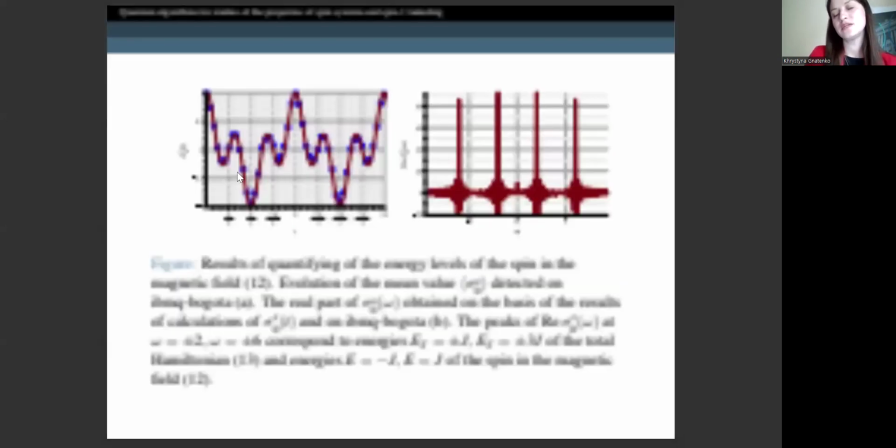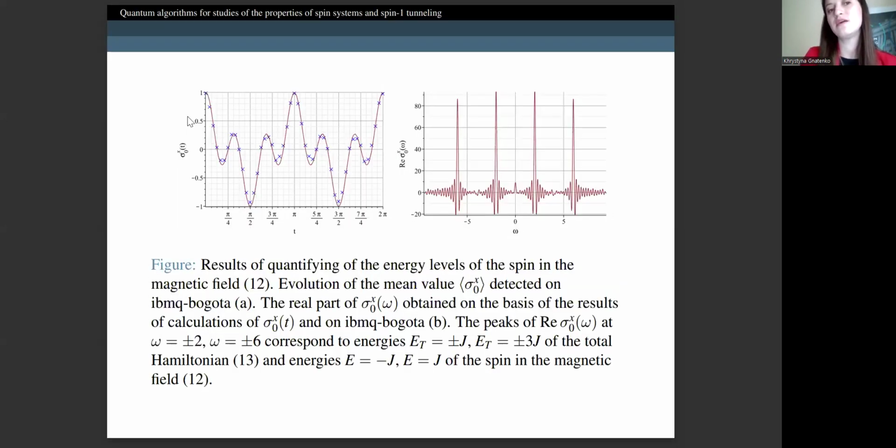And you can see from this plot that we obtained quite good, very good agreement of the results of quantum calculation on the IBM's quantum device, which are represented by crosses, and the results of theoretical studies, which are represented by the line. And these peaks correspond to the energy levels.